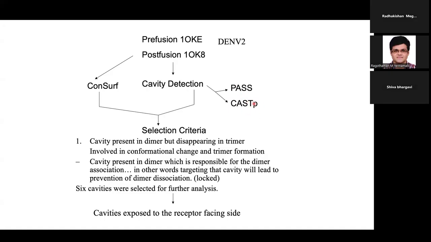Taking this into consideration, what we did was we came up with a selection criteria. Now, for any protein, there will be multiple cavities. There will be 20 cavities, 30 cavities, many different cavities.